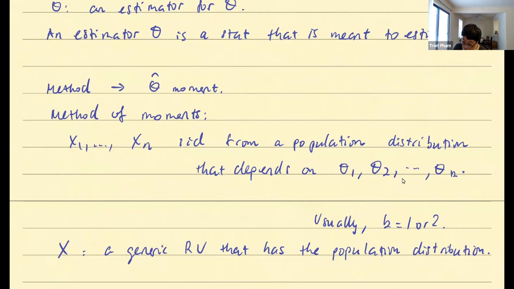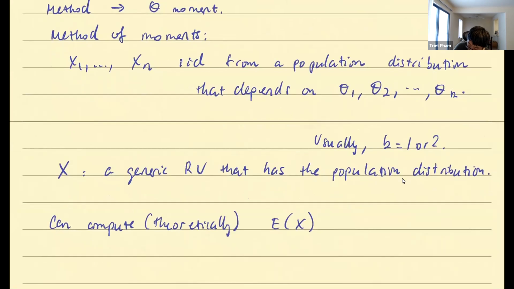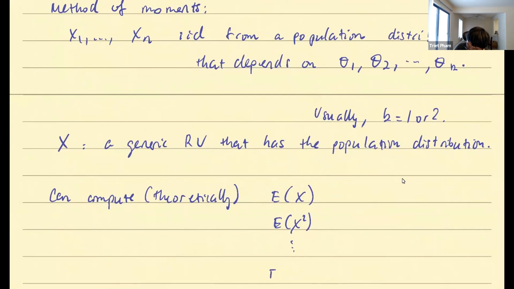So what can I do with X? I can compute, theoretically, the expectation of X, the expectation of X squared, all the way to the expectation of X to the k.